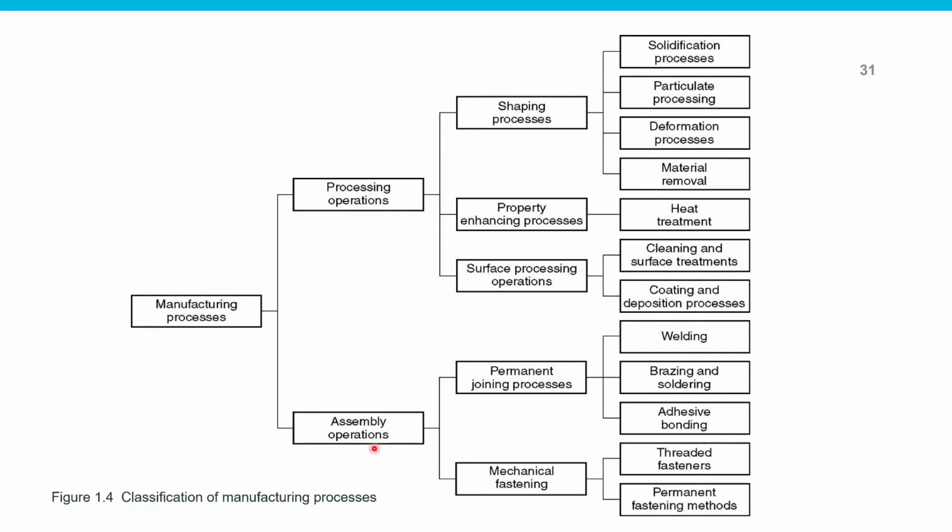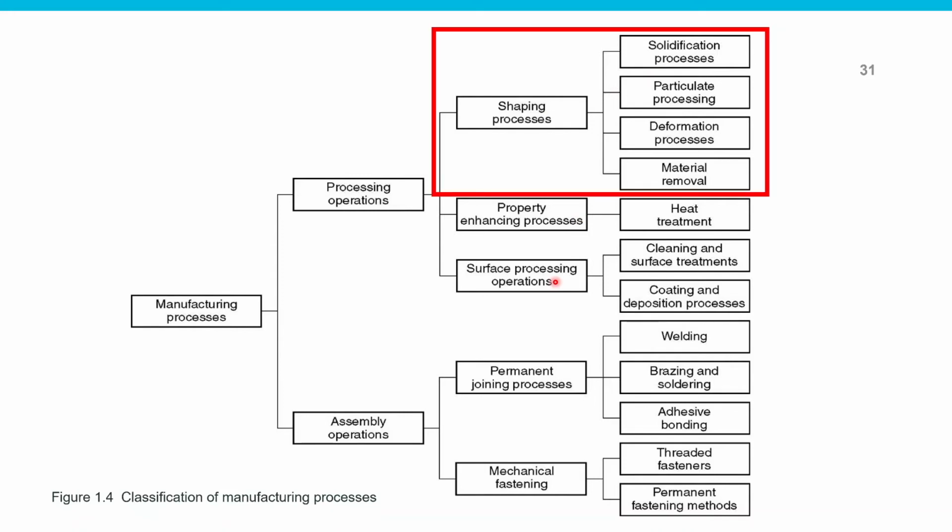So as you can see here, manufacturing processes are divided into two groups: the processing operations and assembly operations. In the processing operations, we have the shaping processes, the property enhancing processes, and surface processing operations. Shaping processes consist of four different processes: solidification, particulating, deformation, and material removal.